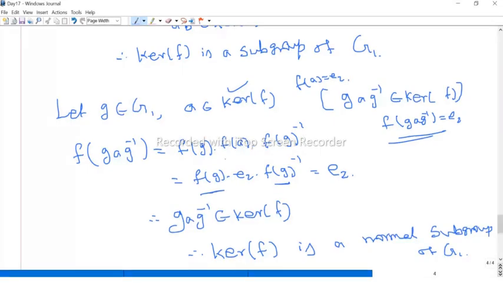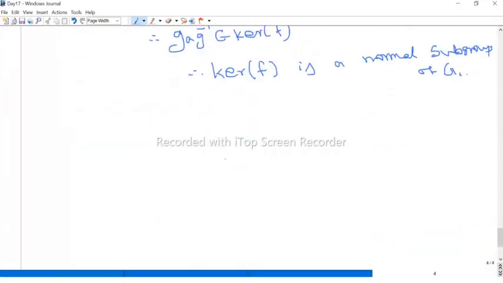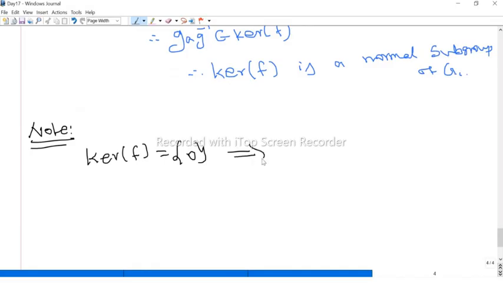There is an important theorem: if the kernel is a singleton containing only the identity element, then the function is one-to-one. Note that we define the kernel only for a homomorphism, not for a general function. The kernel contains only the identity element if and only if f is one-to-one.